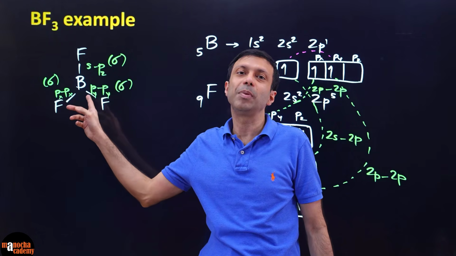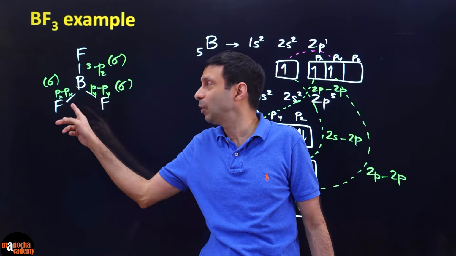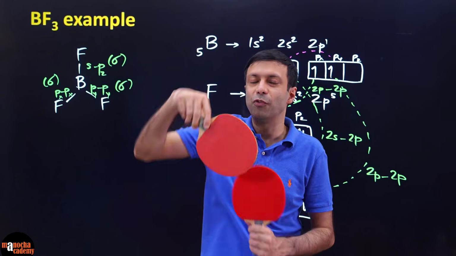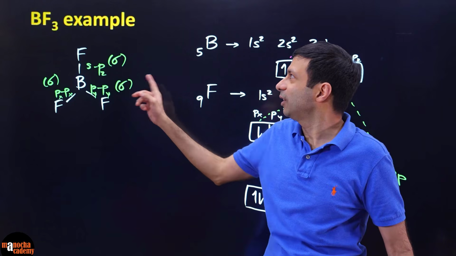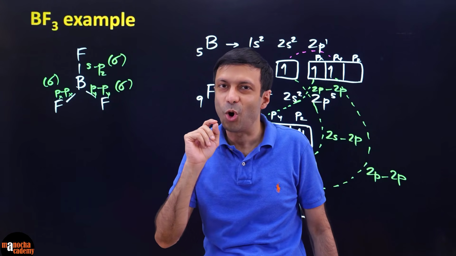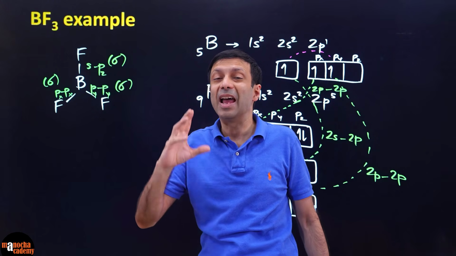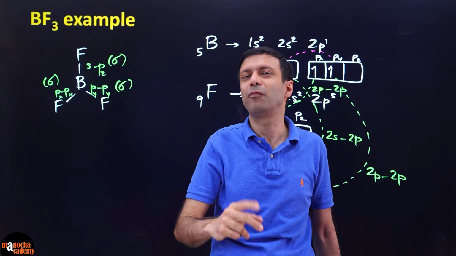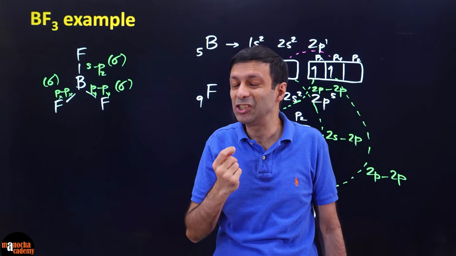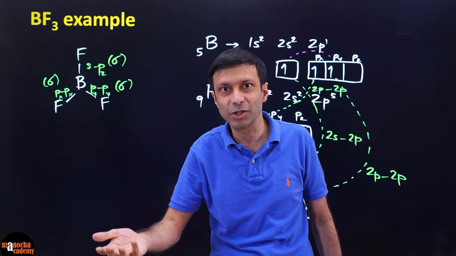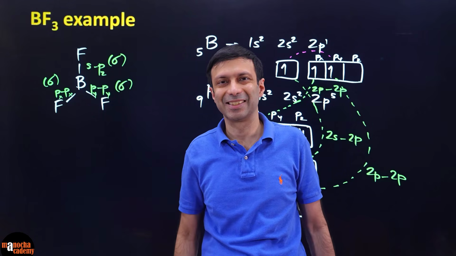Same way here, py, it's going to be again a head-on overlap, right? It will form a sigma bond. So in all these bonds, they are all sigma bonds because there is a head-on or axial overlapping. And that is what we discussed, that the first bond formed between two atoms is always a sigma bond. Only after that we form pi bonds, which we are going to discuss next.